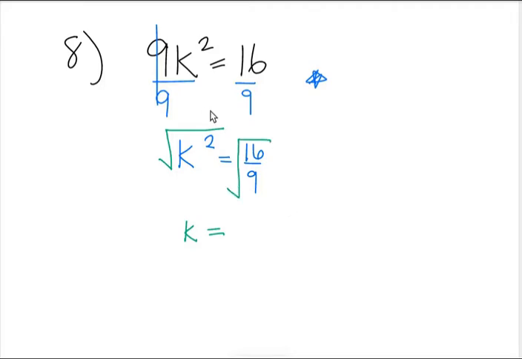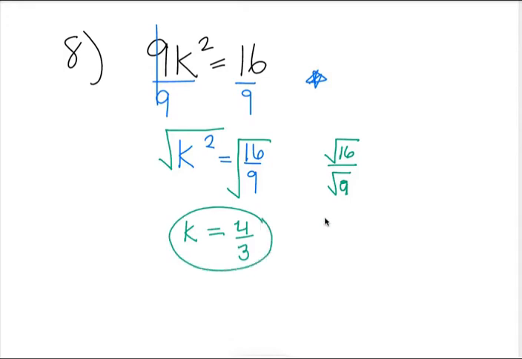Now, from our review, you should know that I can take the square root of 16 and take the square root of 9. And that will get me my fraction that k equals. Square root of 16 is 4. Square root of 9 is 3. K equals 4/3.